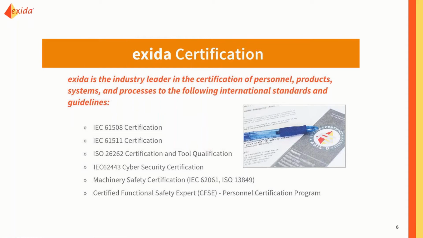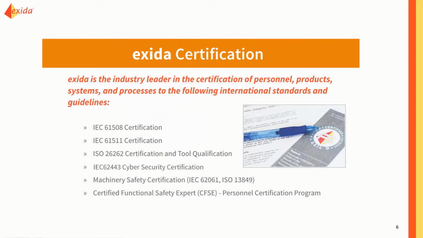For those who understand and know about the IEC 61508 standard, you would know that IEC 61508 is actually the mother standard, the big umbrella standard for functional safety, where you have specialized standards like IEC 61511, which is specified just for process industries, or the ISO 26262, which is specific for the automotive industries. So we have different kinds of certifications.